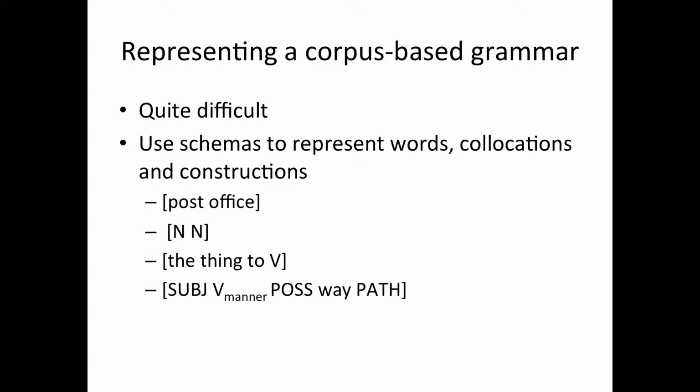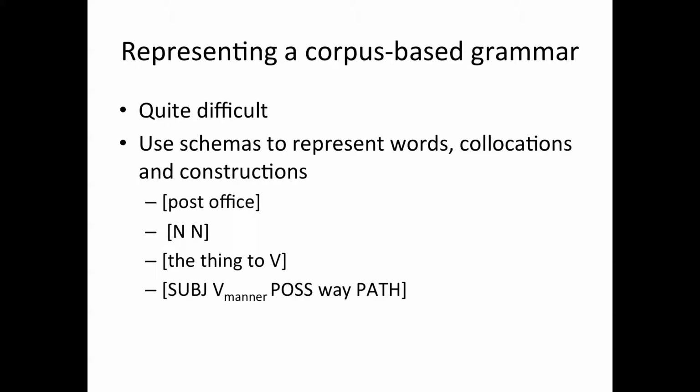And then this other construction here, subject verb manner, is the way construction. It's a good English construction, and crucially in this construction, you have to have way. So it's things like he pushed his way out of the room. So out of the room is the path, the possessive is his, and the manner is pushed.